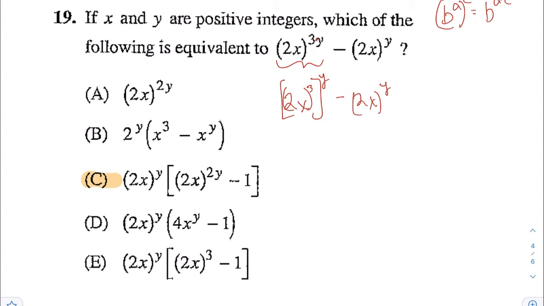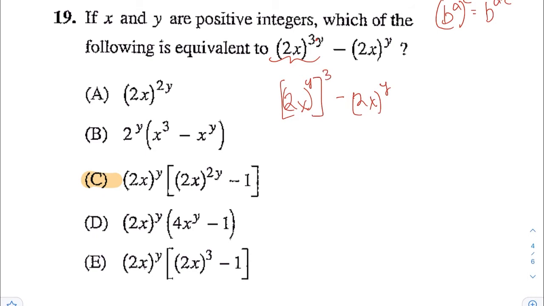Now, because they have the same exponents here, you can evaluate what this is going to be by factoring out 2x raised to the y power. I'm sorry, I wrote this part wrong.